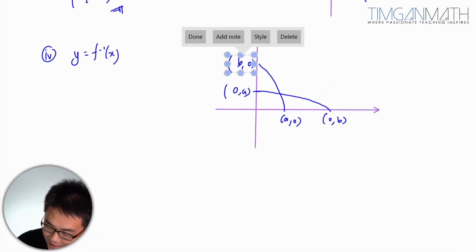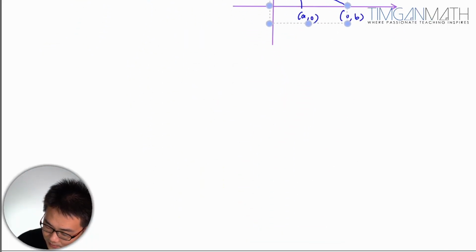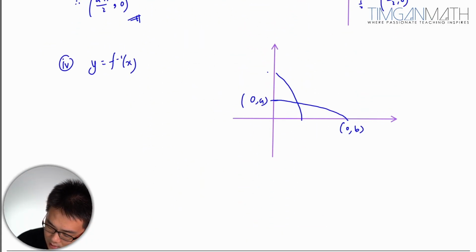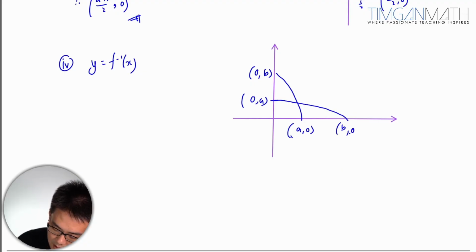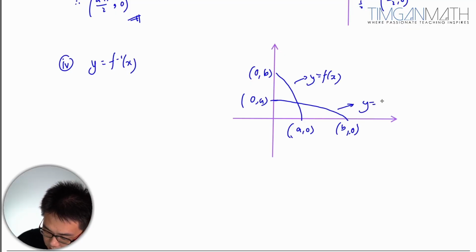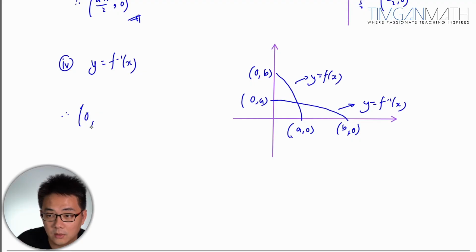Yes, this is (0, b), and this is (a, 0). So this will just flip. The corresponding one will just flip the coordinate. This will be (b, 0). So if this is y equals f(x), this will be y equals f inverse of x. So in this case here, what we get is actually (0, a) and (b, 0).